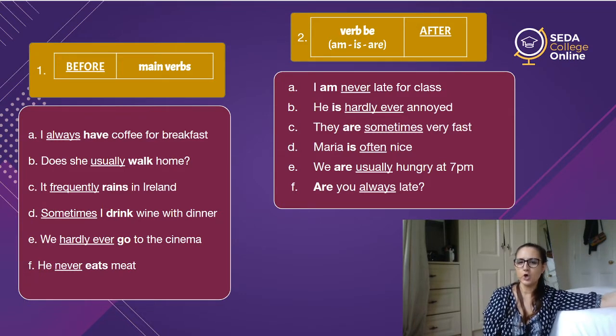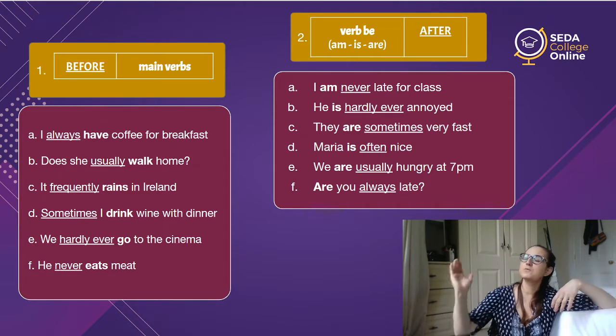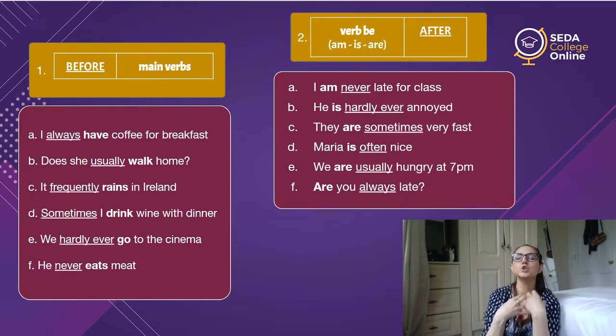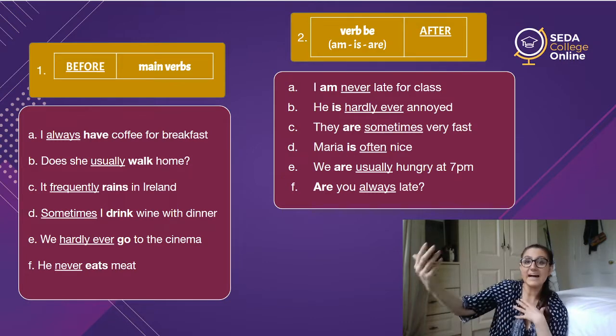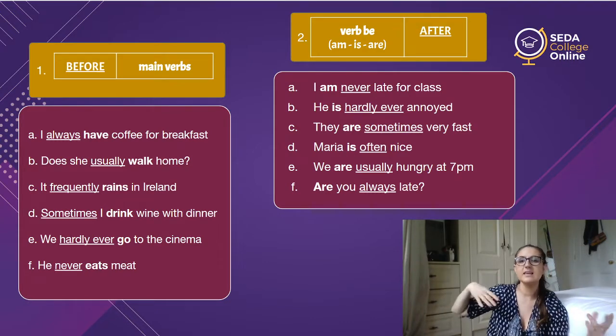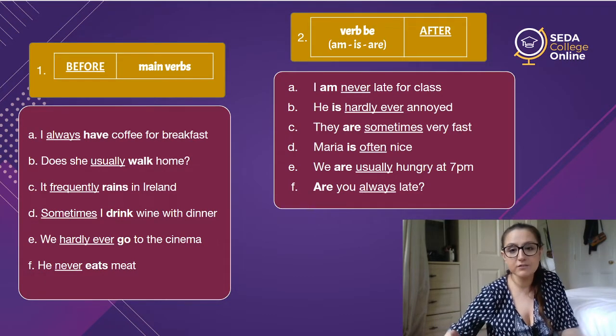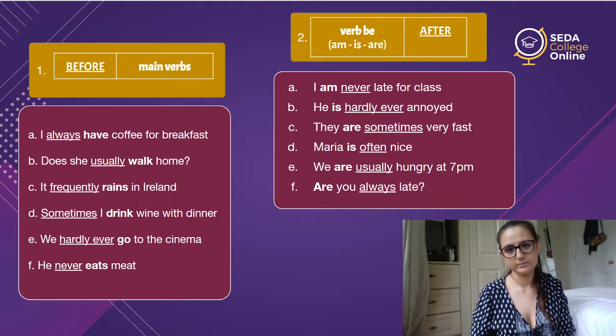Do you remember, annoyed is when you are upset, something is getting on your nerves. For example, if the church bell goes bang bang the whole time, I'm annoyed by the church bell. So he is hardly ever, not never, but hardly ever annoyed.